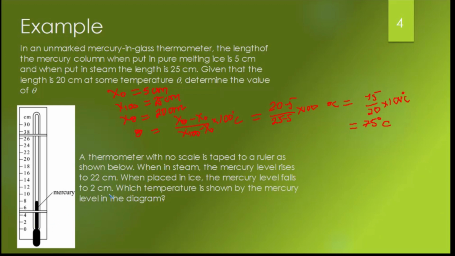From what has been given here, we can see that the length of the mercury at the lower fixed point is 2 centimeters, and the value at the upper fixed point is 22 centimeters.